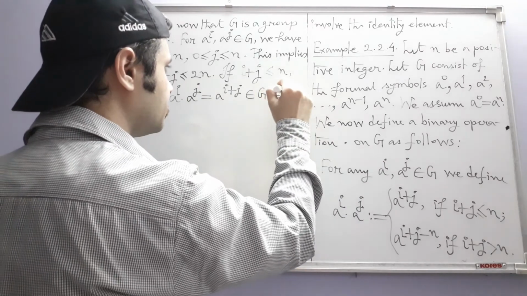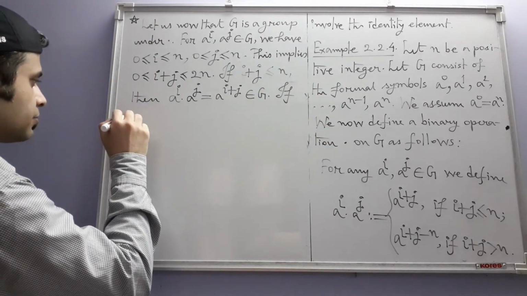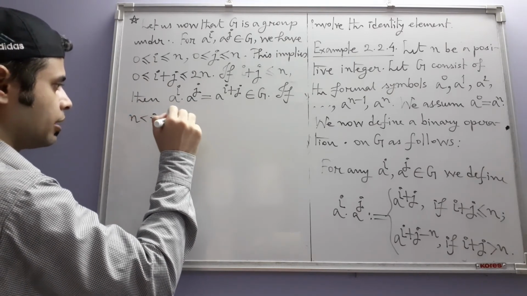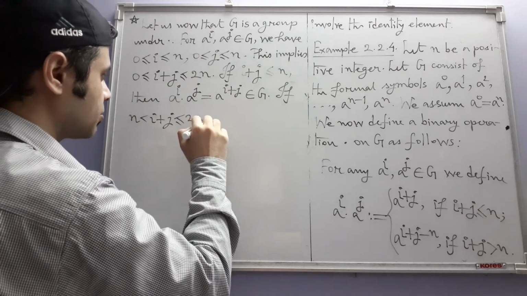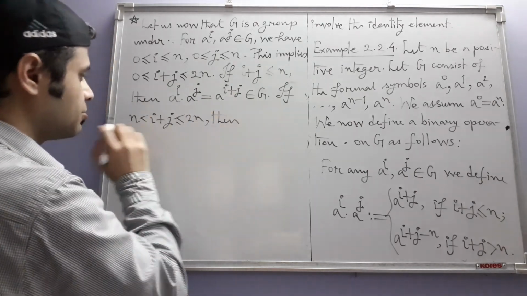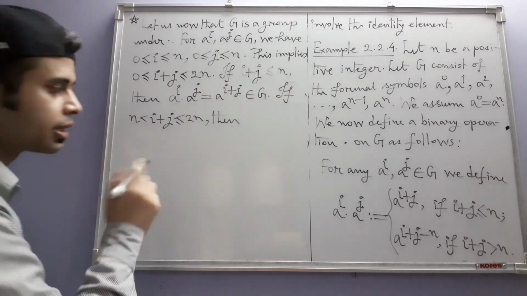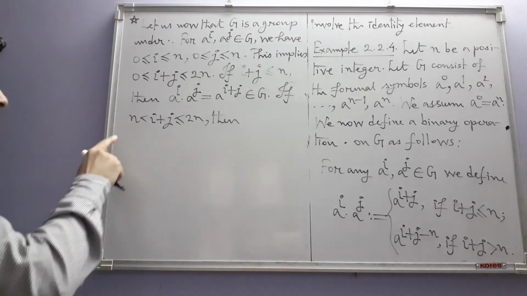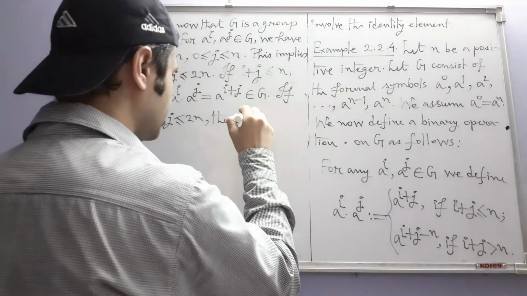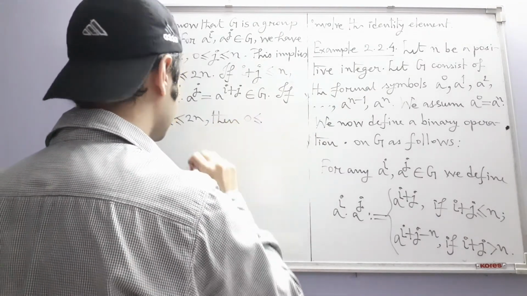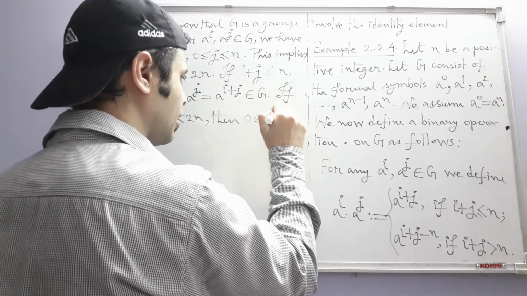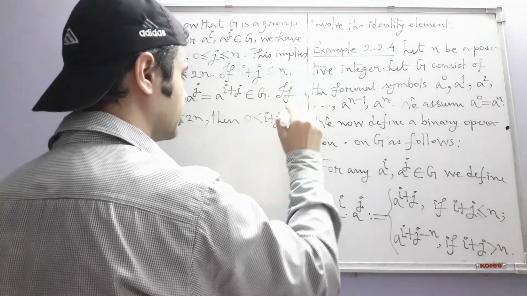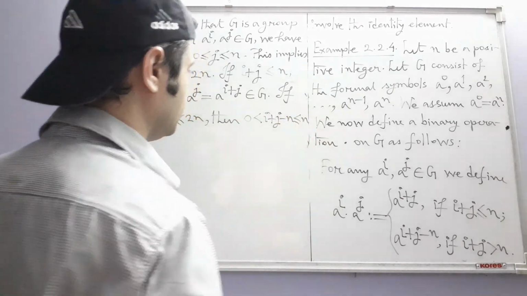Next, if i plus j is greater than n and less than or equal to 2n, this is the other possibility, apart from the first one. Now if I subtract n throughout, then I will get 0 is strictly less than i plus j minus n, and this is less than or equal to n.